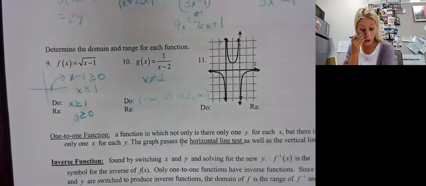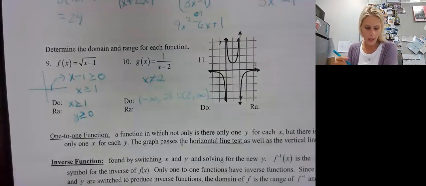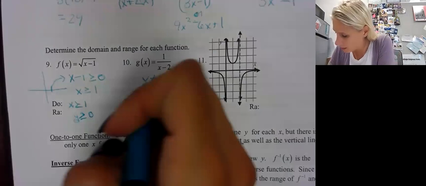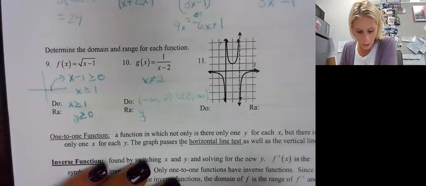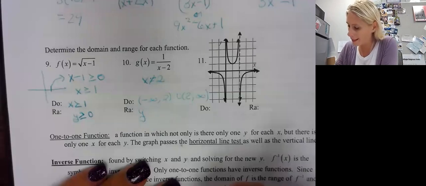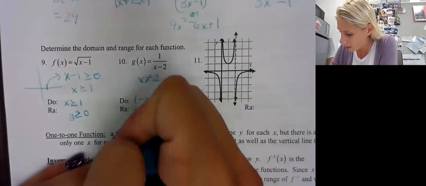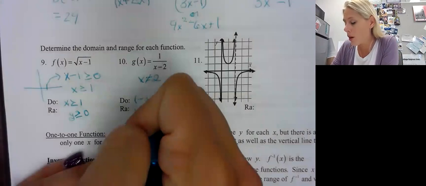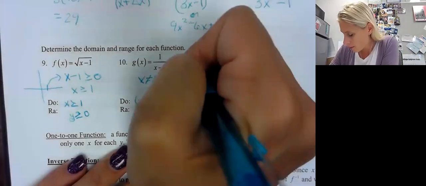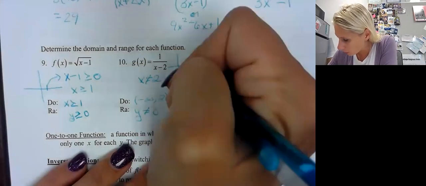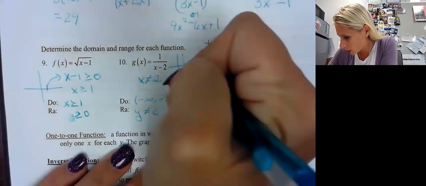All right, so then we got to think about y. What happens with y? Well, y cannot be 0. And we know this because of the rational function. Remember, because at 2, we would have a vertical asymptote.